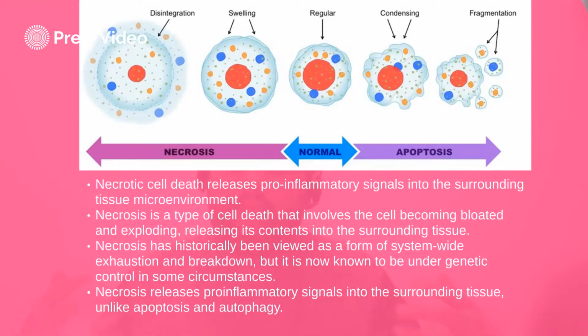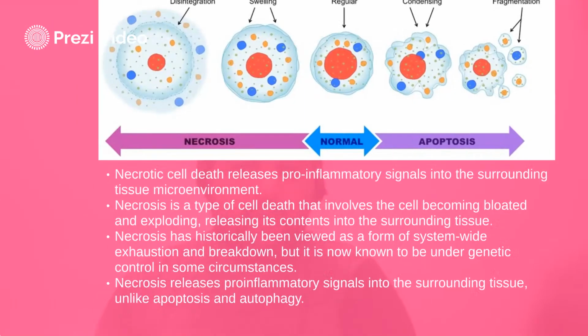So, in necrosis, the cell is bloated and explodes, which releases its content into the surrounding tissues, right? Necrosis has usually been viewed as a system-wide exhaustion and breakdown, but now we are beginning to discover that it might actually be under genetic control in some circumstances. Necrosis releases pro-inflammatory signals into the surrounding cells, unlike apoptosis and autophagy, which don't do that.